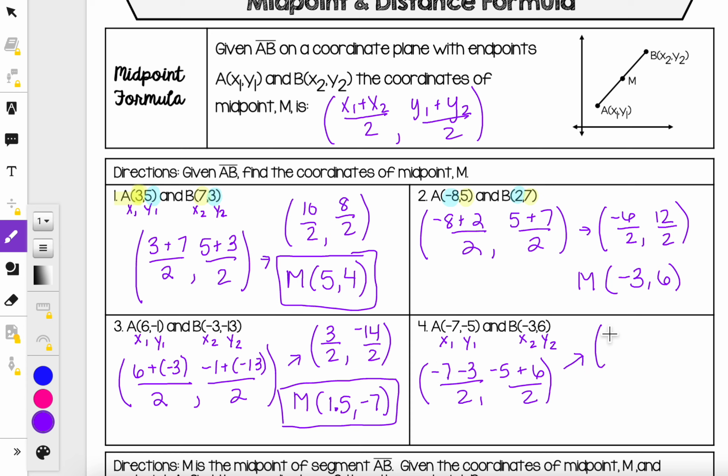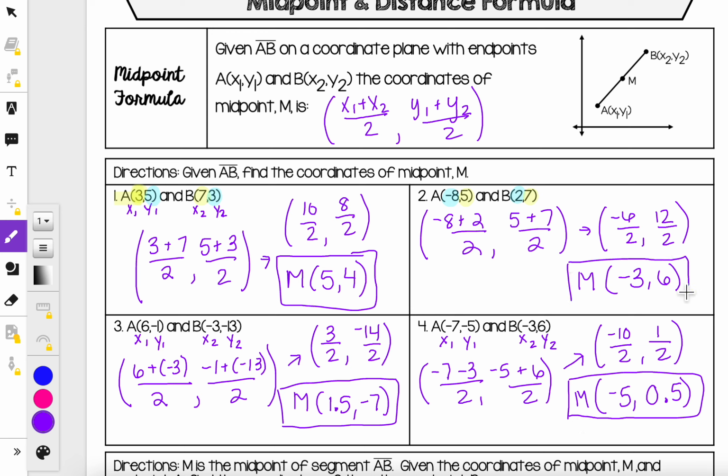I'm going to simplify that a little bit. And again, it's up to your teacher if they want you to leave that as 1/2 or make it a decimal. Okay, so those are 4 basic problems, just finding the midpoints of a segment on a coordinate plane.